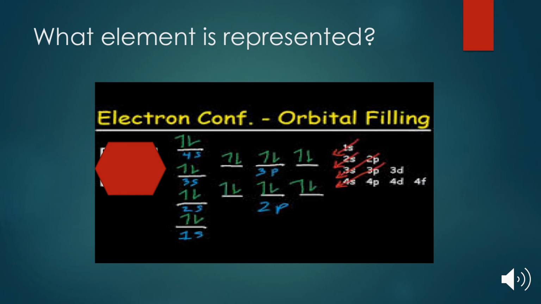Alright, so now I gave you the diagram box. So what I need you to tell me is which element is represented. Give you about 30 seconds for this one as well.